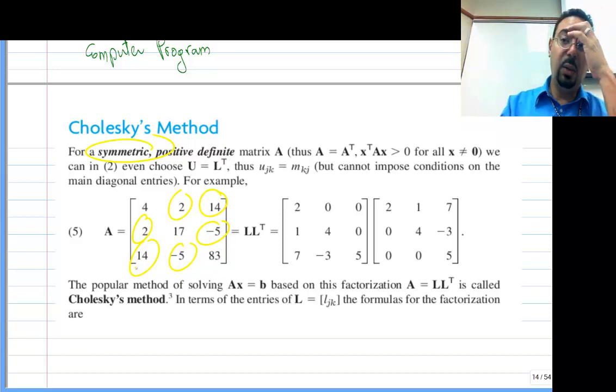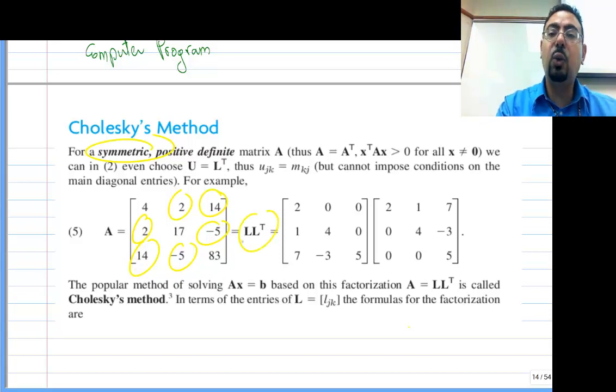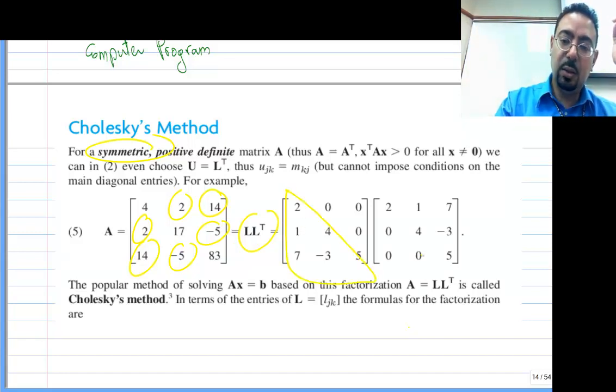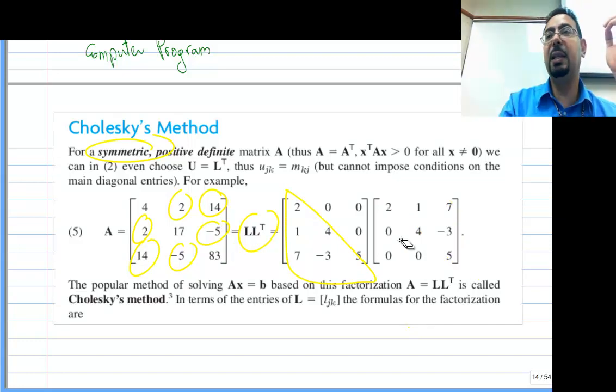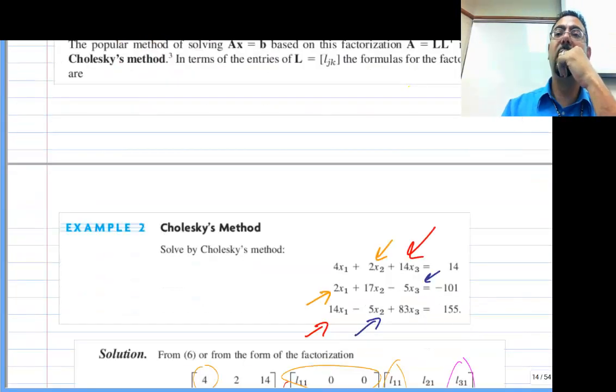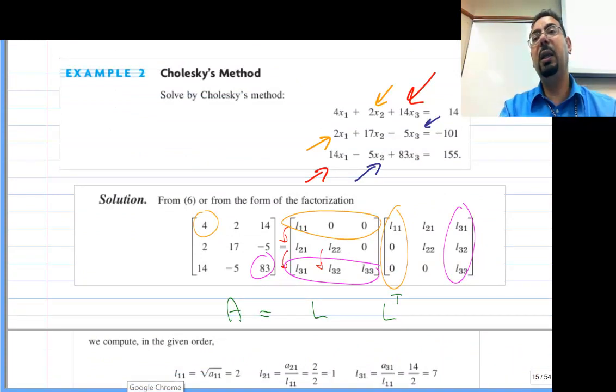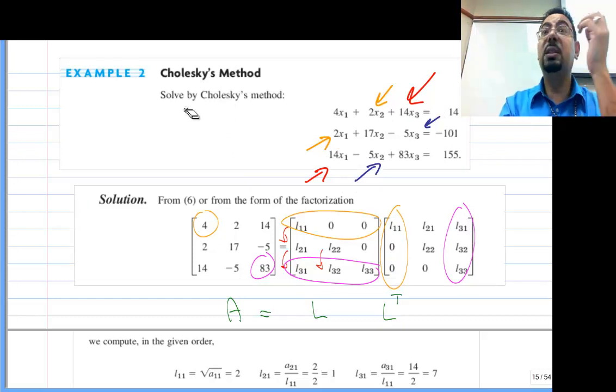Then it turns out that not only can you turn it into a lower and upper matrix, as any matrix can be, but you can also turn it into a lower and the lower transpose. Alright? So why is that helpful for us? It makes it a lot easier, because you don't have that many unknowns. So here it is. Is this symmetric or not? 2 and 2, 14 and 14, minus 5 and minus 5. Yeah, that works. So this is not Doolittle.